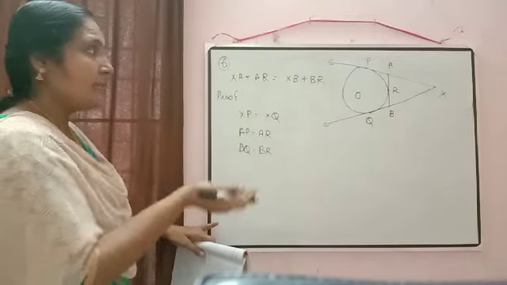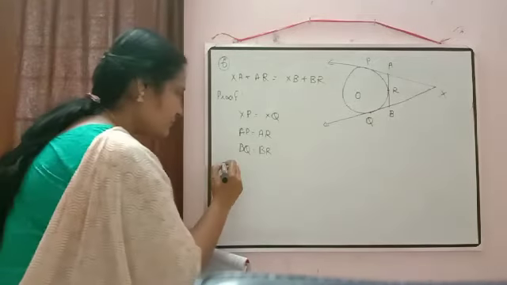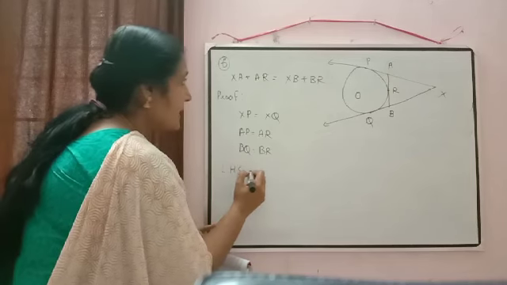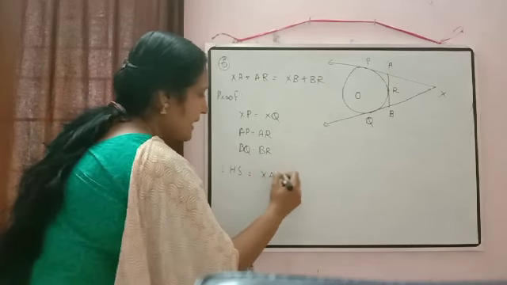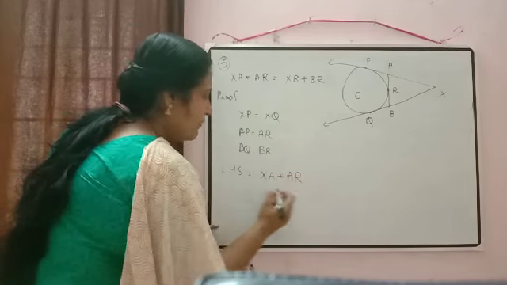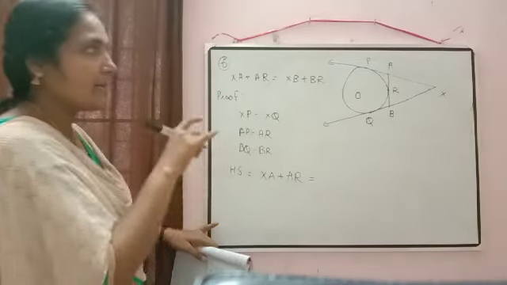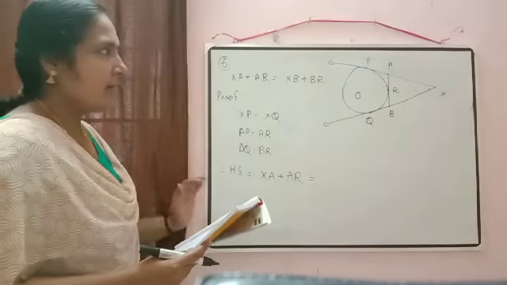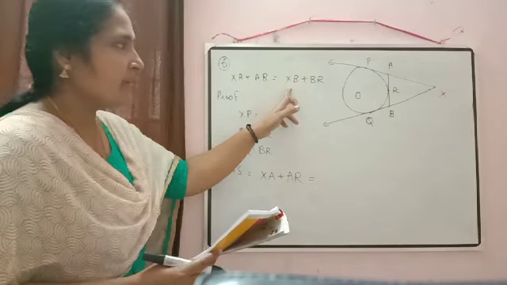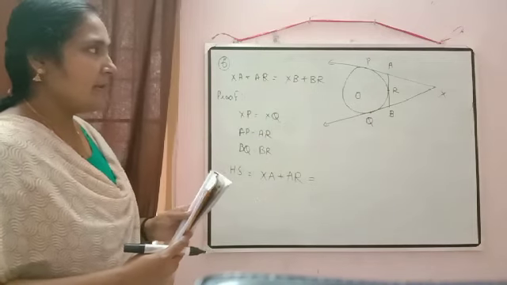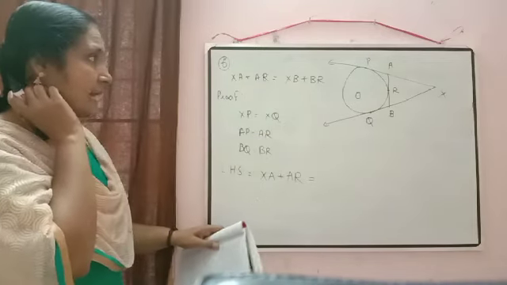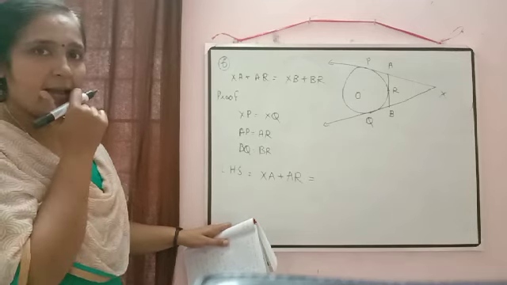Now we'll start with the left hand side, which we have to prove. Left hand side we have XA plus AR. Now we will arrange it in such a way that we get the right hand side. In the right hand side, we need XB plus BR. First XA, how can we rewrite XA?